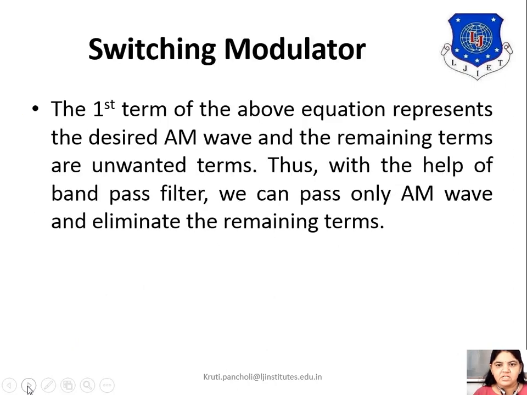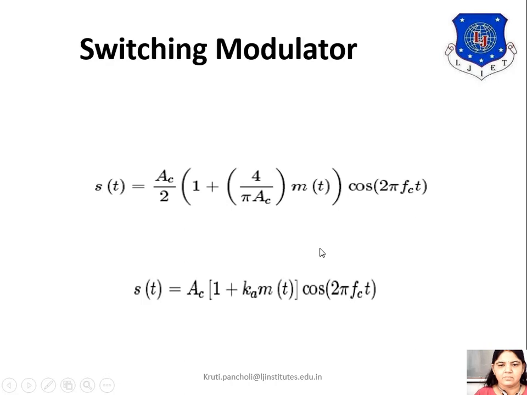The first term in the above equation represents the desired AM wave, and the remaining terms are unwanted. Thus, with the help of the band pass filter, we can pass only the AM wave and eliminate the rest.